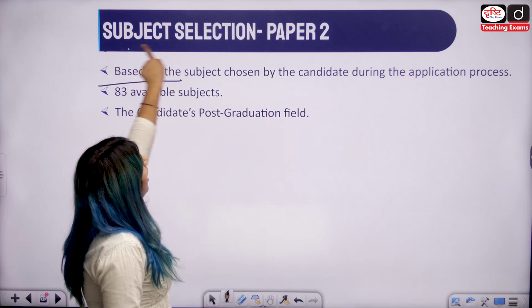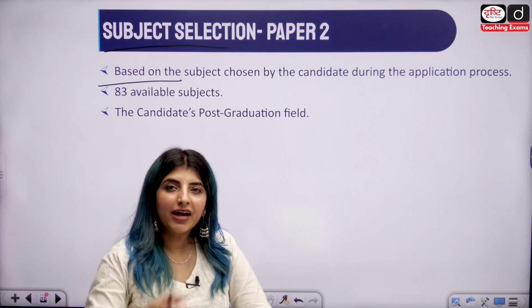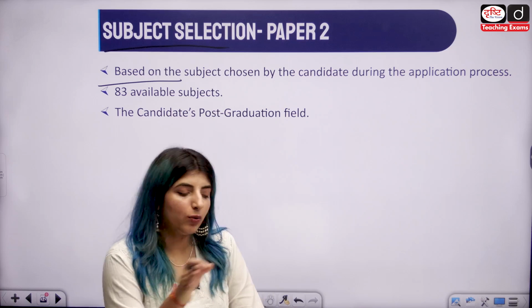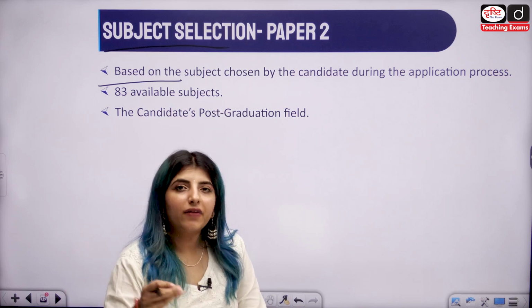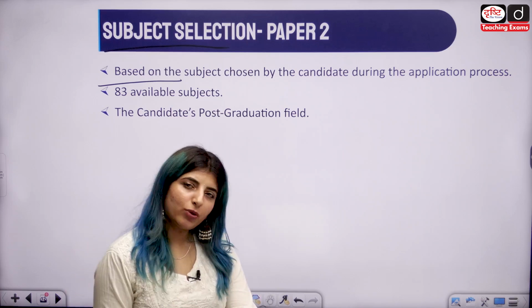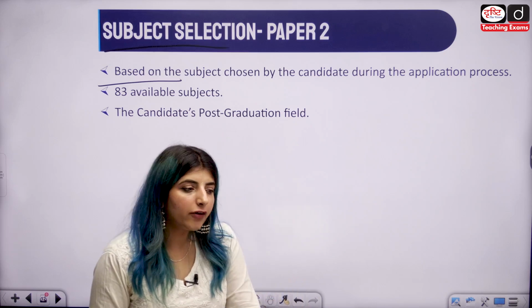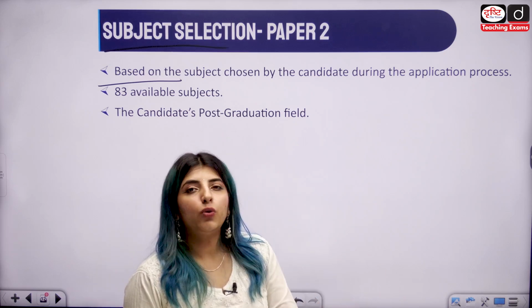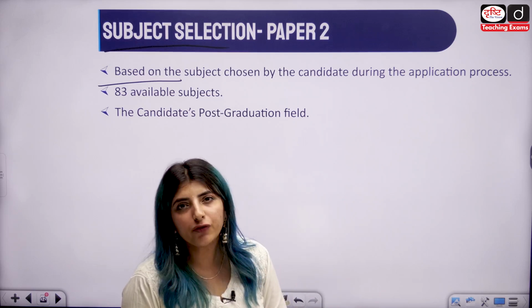Based on the subject, now how you are going to choose the subject for paper 2. The simple criteria is that whatever subject you have done your masters in, you will be appearing for that particular examination. Sometimes there are certain allied subjects. So if you are from political science, you can also go and sit for the examination of public administration, so on and so forth.